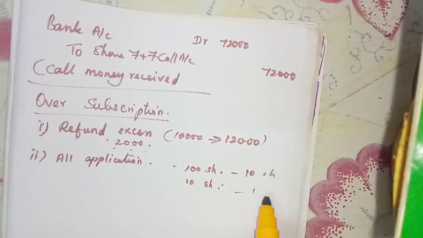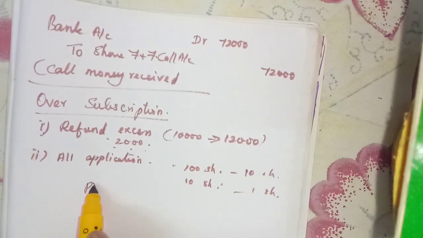Here they may reject 1 share. That is called pro rata basis.